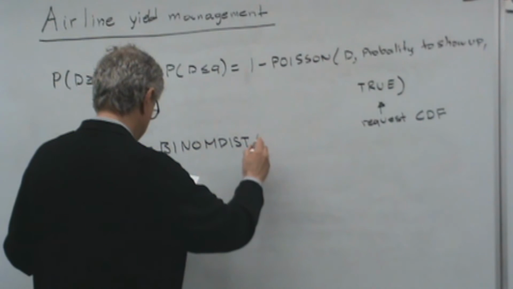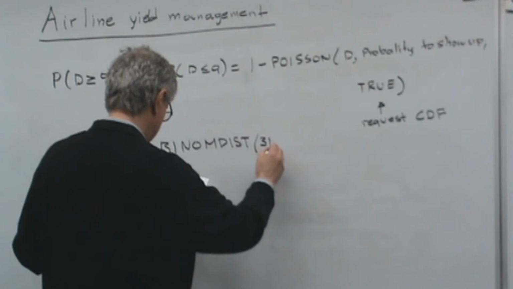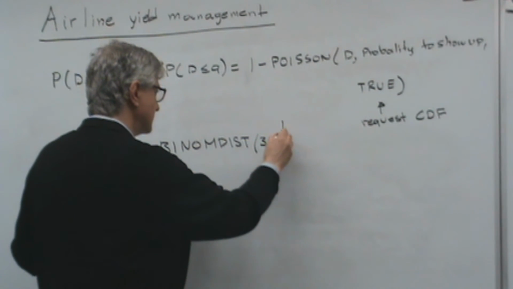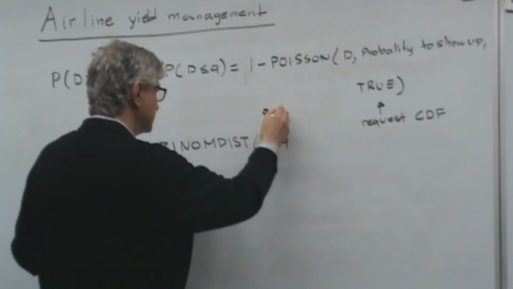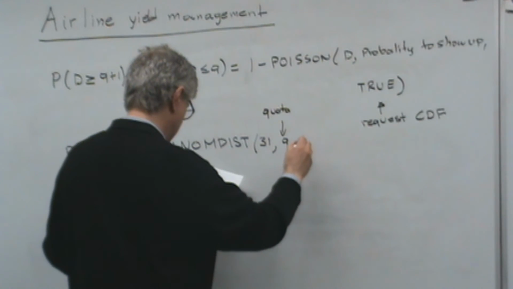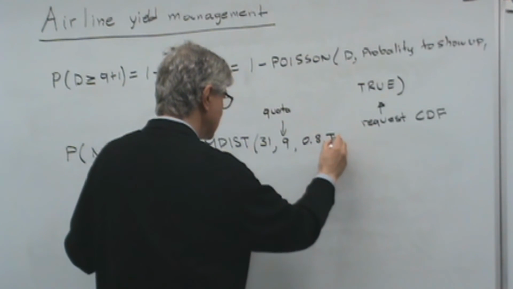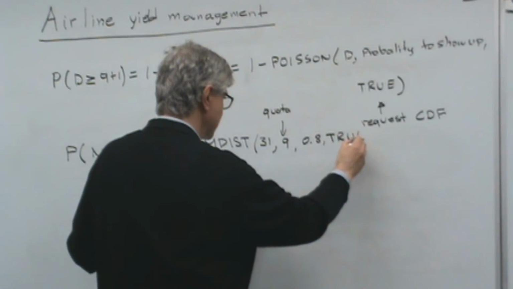So it is 31, the quota, so Q is the quota, the probability, which is 0.8, and true, again true, defines the cumulative.